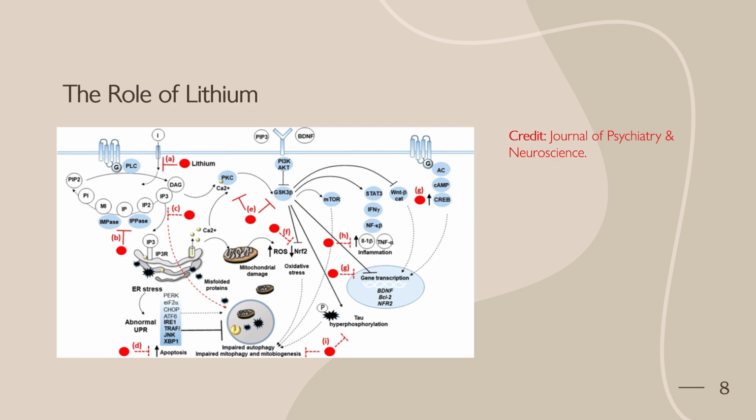When a neurotransmitter hits a receptor on the outside of a cell, it triggers a chain reaction of proteins inside the cell, specifically G proteins and protein kinase C. In a bipolar brain, this internal power grid is overactive.